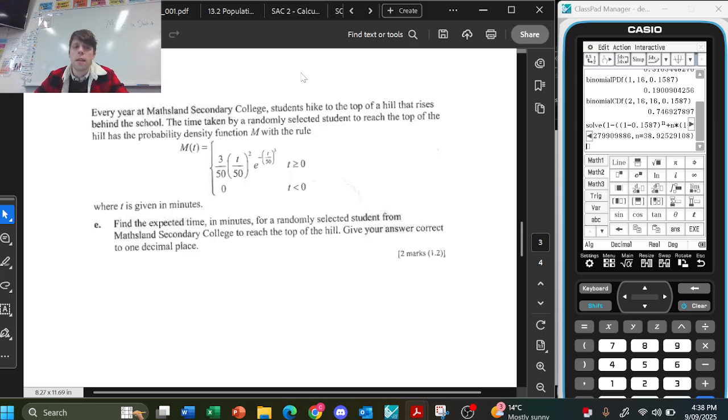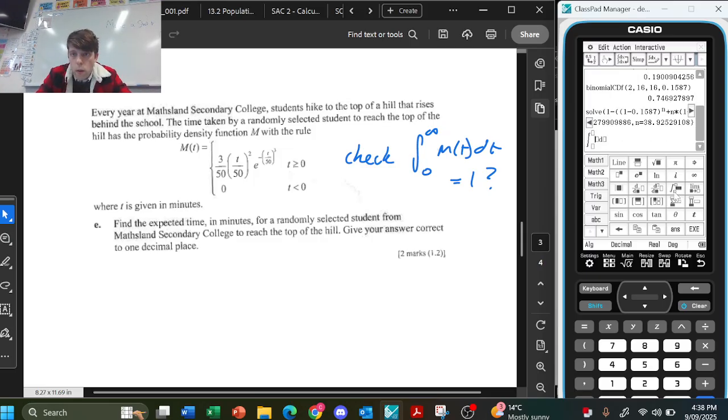To check if this is in fact a probability distribution function, it's always a good idea to check: is the integral, the area under the curve from 0 to infinity of that function, equal to 1? It's only going to be a valid probability function if it is. So I'm just going to quickly type that in.